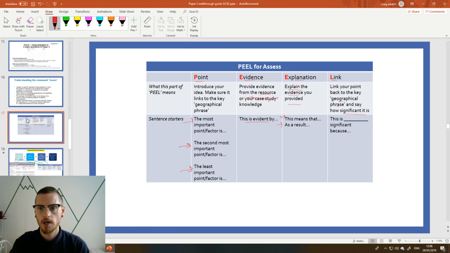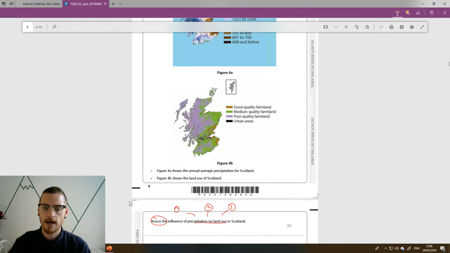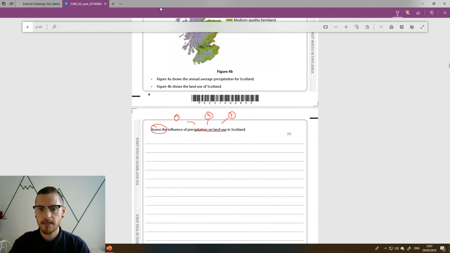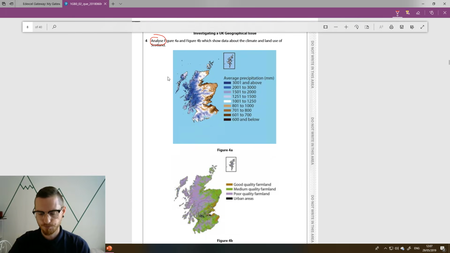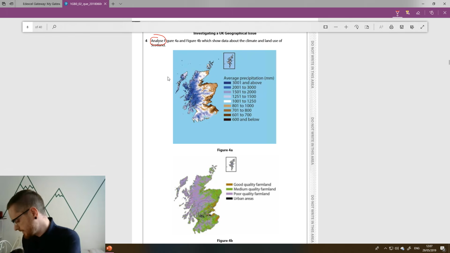Explanation is you explaining it with your subject knowledge, but your link back to the key geographical phrase and how significant it is means that at the end of these three PEEL paragraphs, you're going to link it back to how important your point is in relation to precipitation or land use. And you need to use that language at the end of each of your paragraphs. So whatever the key geographical phrase is, that should be the language you use at the end of each PEEL paragraph to link it back to the question and say how important the point you've made is in relation to that.